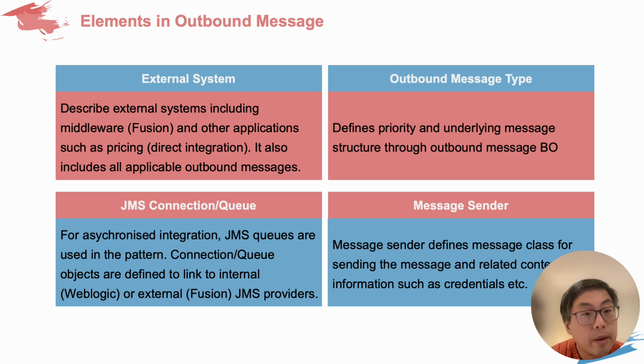And after all, you will create an object called external system. What that actually does is mimic that there is a system externally, and you will link all the outbound messages which are applicable to this particular external system. So from external system, you can easily see what outbound messages can be created.